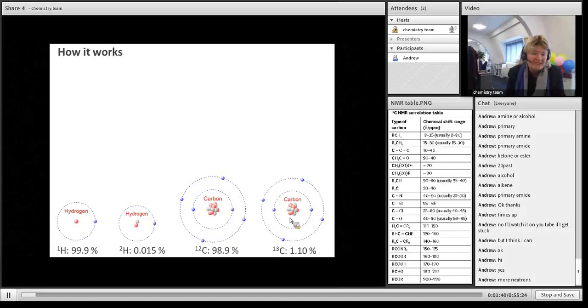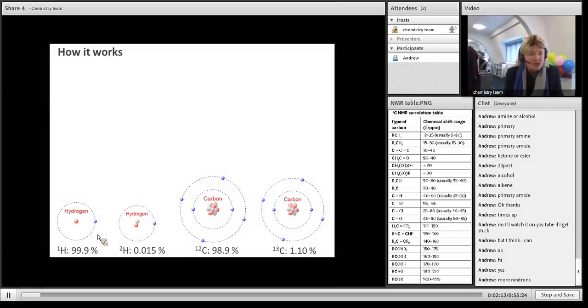Now, the reason why this is important is the way NMR spectroscopy works: if there's an odd number of protons or an odd number of neutrons, then the nucleus can be affected by a magnetic field, because the protons and the neutrons spin together as a couple, and if they're not coupled, then it will be affected by a magnetic field.